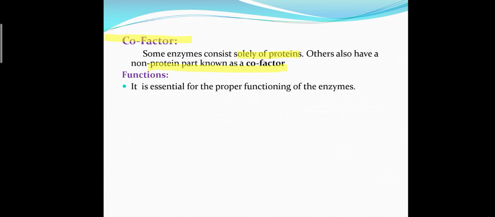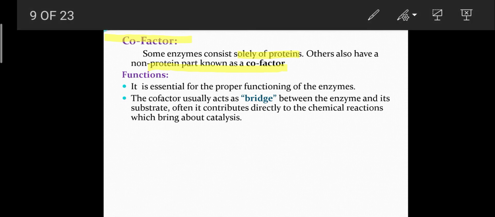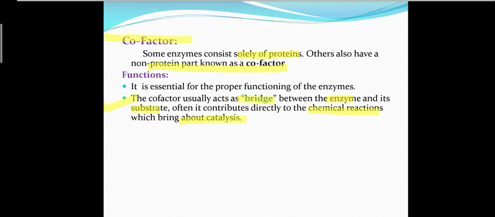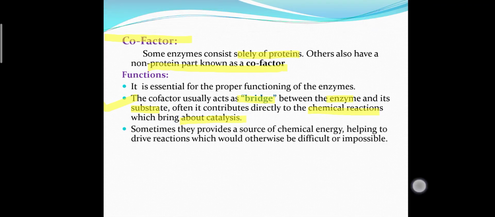The cofactors usually act as a bridge between the enzyme and its substrate, and they contribute directly to the chemical reactions which bring about catalysis. Sometimes cofactors also provide a source of energy and drive reactions which would otherwise be difficult or impossible.